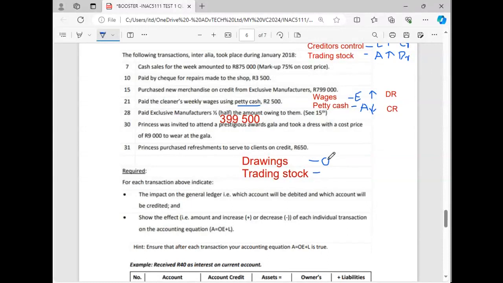Sorry, owner's equity and assets, my bad. Trading stock is decreasing. Yes. And then he said increasing. Debit and credit.